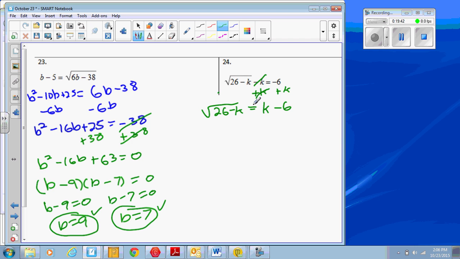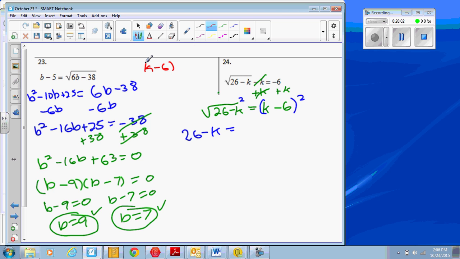At this point, I have the isolated radical symbol. I need to square both sides. So I'm going to square this side. Remember, we're squaring the whole thing. So 26 minus k equals, now I have to figure out what k minus 6 times k minus 6 is.